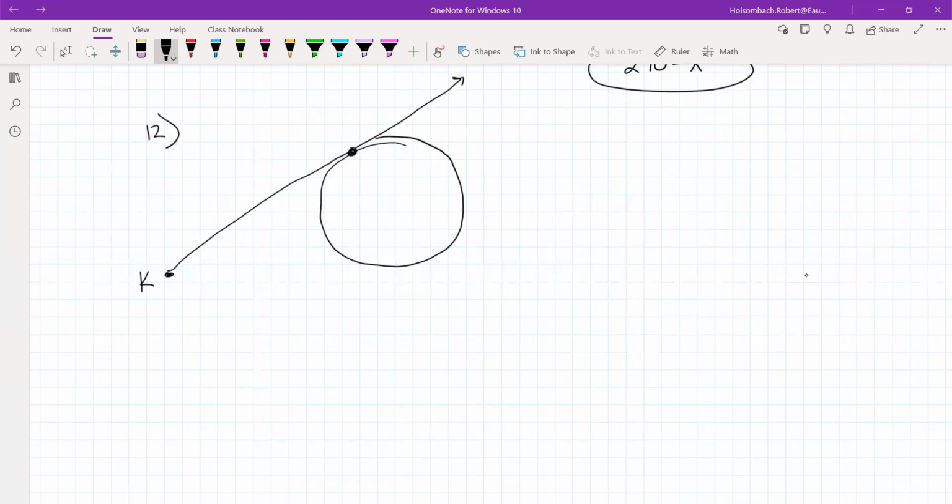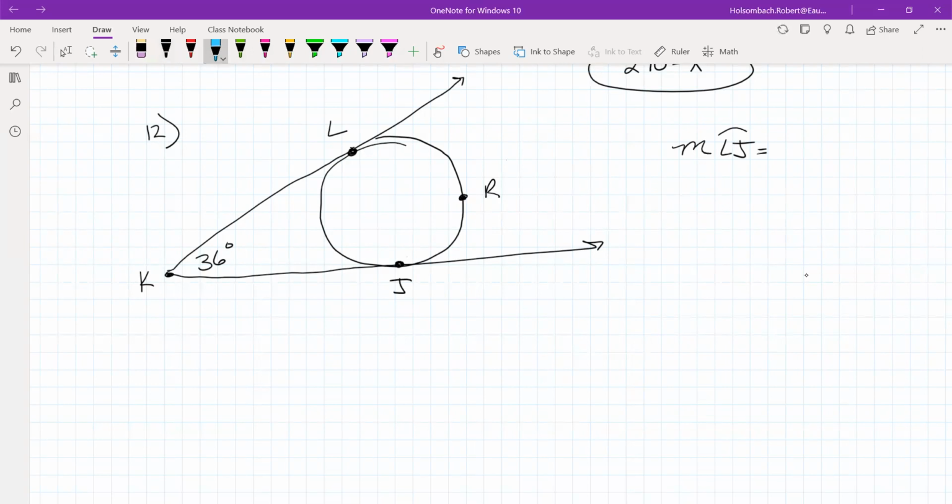We've got a tangent at L and we've got a tangent down here at J. 36-degree angle. We need the measure of arc LJ. And we've got a third point on this circle at point R.